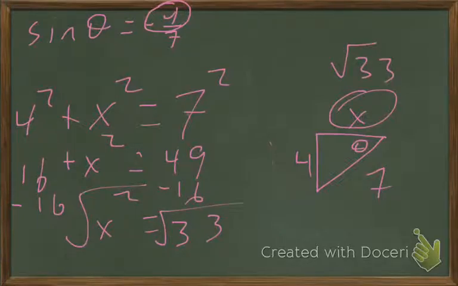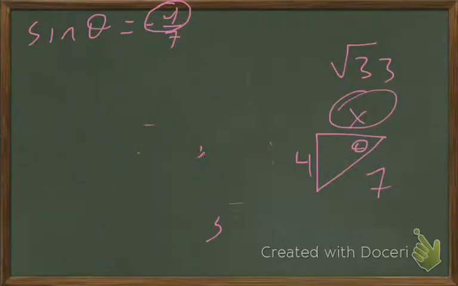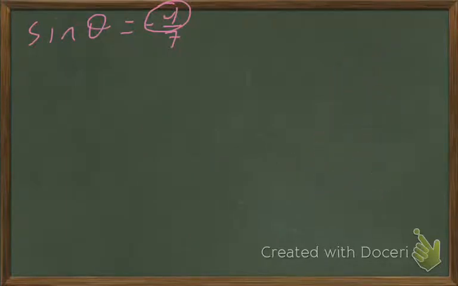So we have sine. Now we need to find cosine, tangent, secant, cosecant, and cotangent, all using that square root of 33, and I did not want to erase that. I'll redraw that. So this was square root of 33.